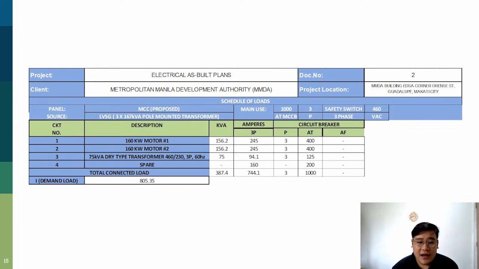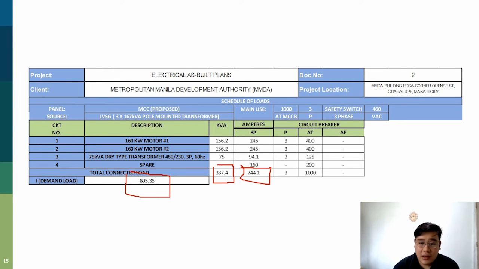Okay, for next, katulad nga po ng kanina, meron tayong summary ng ginawa natin, which is the MCC proposed. Ito nga po yung highlight natin, which is the total kVA. Tapos, nagkaroon tayo ng amperes. Ito yung na-compute natin kanina, which is 805.35 amperes.